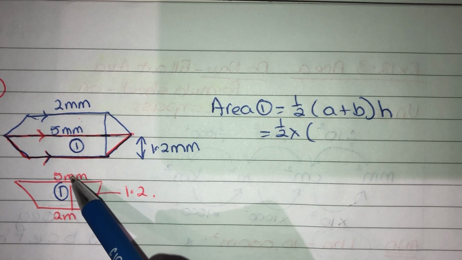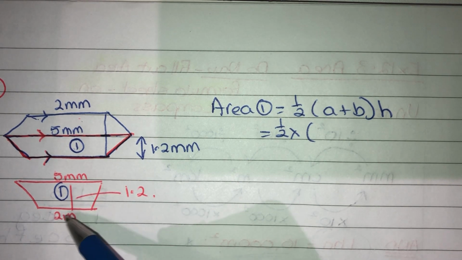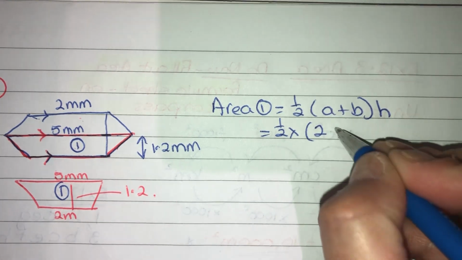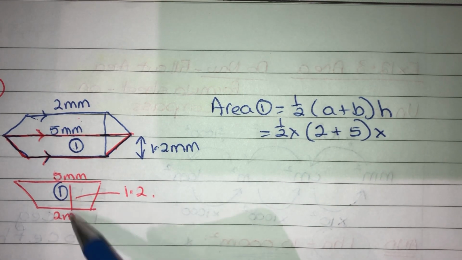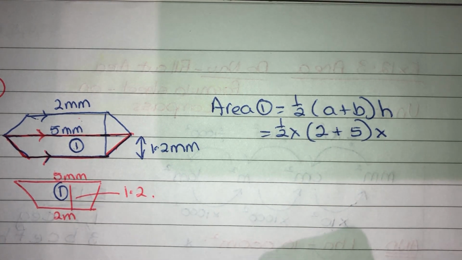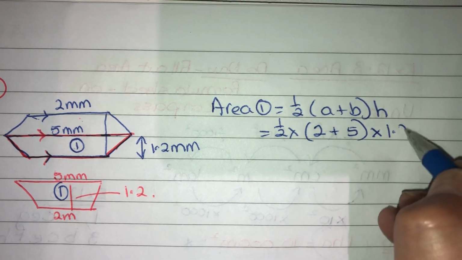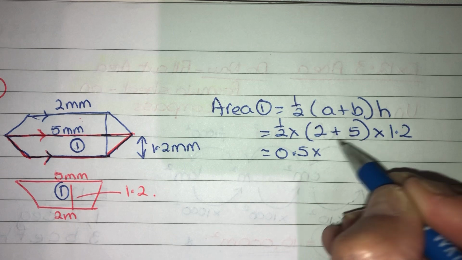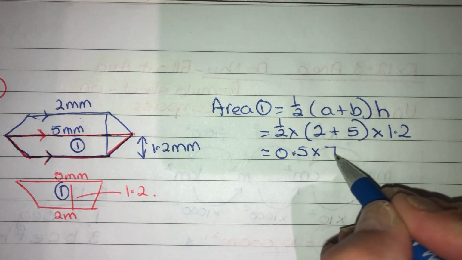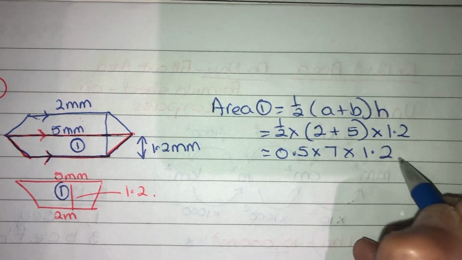So hopefully you realise that that's the 5 and the 2. You can put 2 plus 5, you can put 5 plus 2, it doesn't matter. And we want to multiply by the height, which is the line that connects both of these lines. So it's 1.2. So in your calculator, you want to put 0.5 times, inside the bracket is 7 times 1.2.